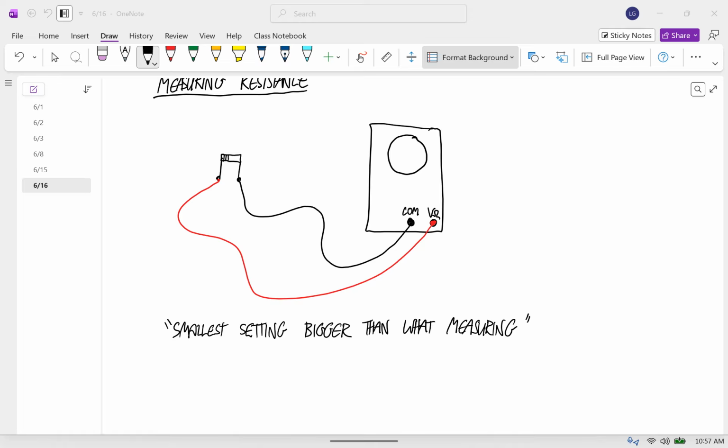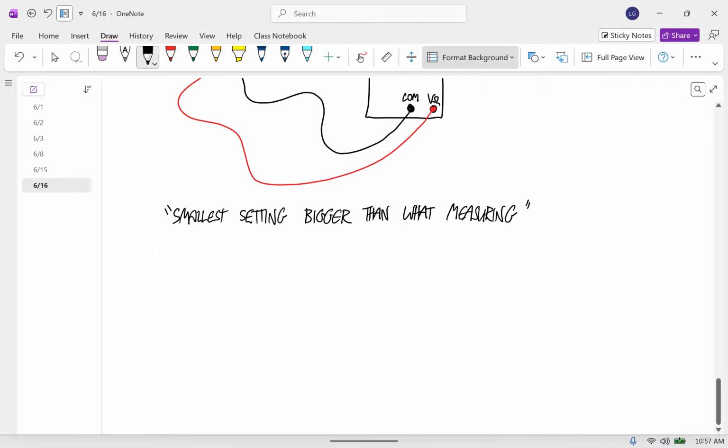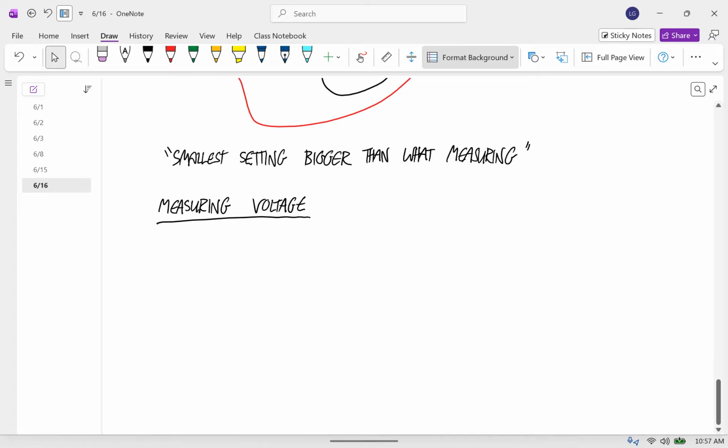Okay, so now let's measure voltage. Our circuit is going to be like this.